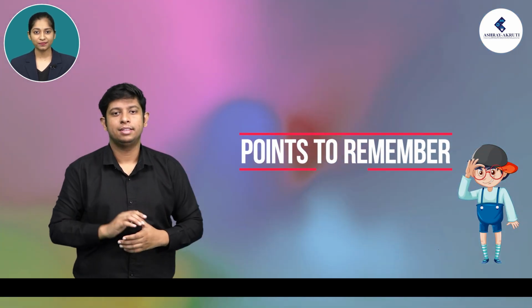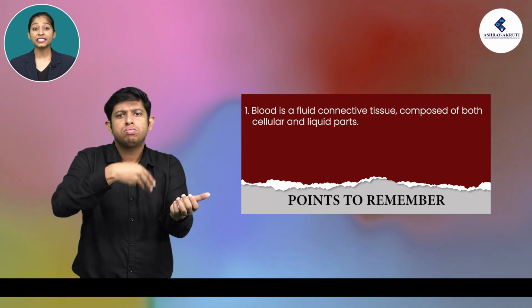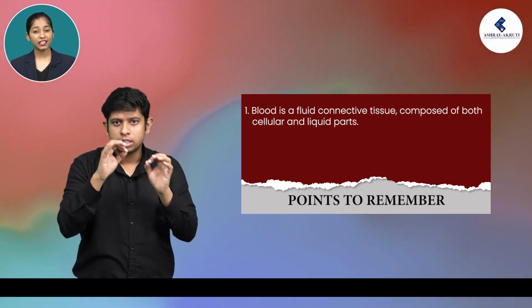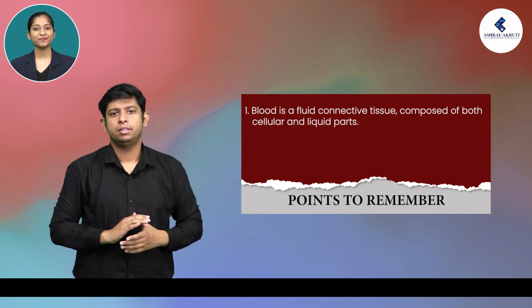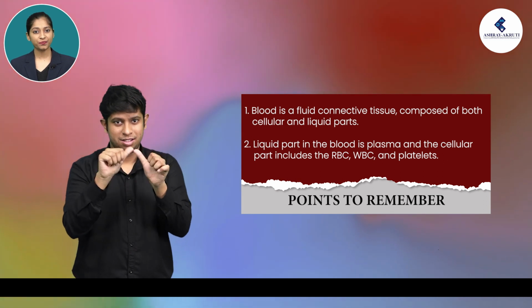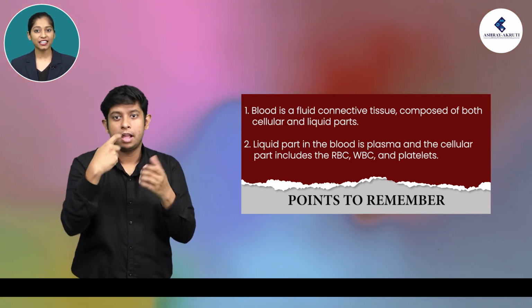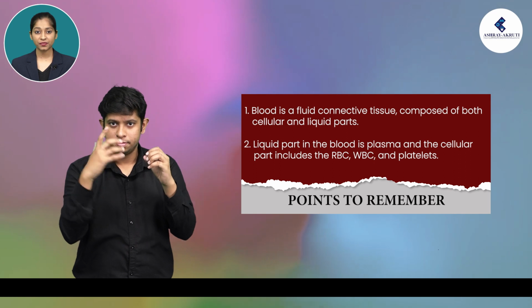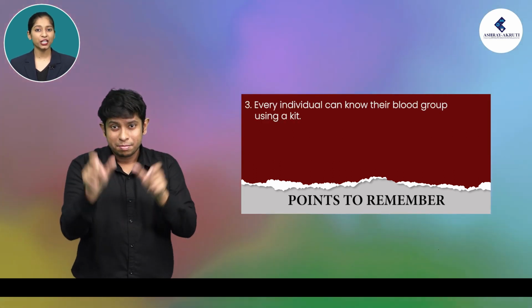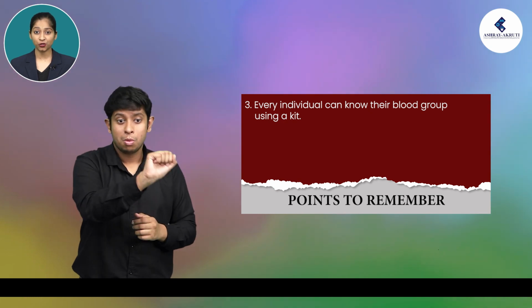Points to remember. Blood is a fluid connective tissue composed of both cellular and liquid parts. The liquid part in blood is plasma and the cellular part includes the RBC, WBC and platelets. Every individual can know their blood group using it.